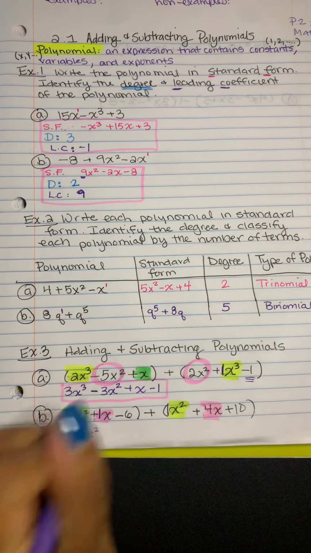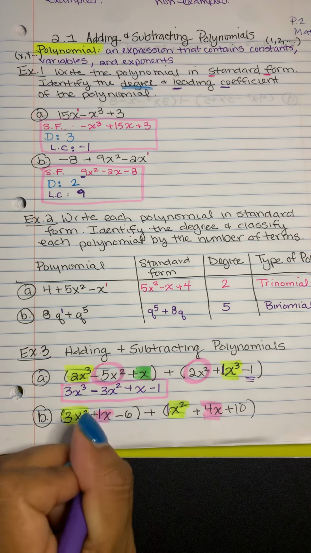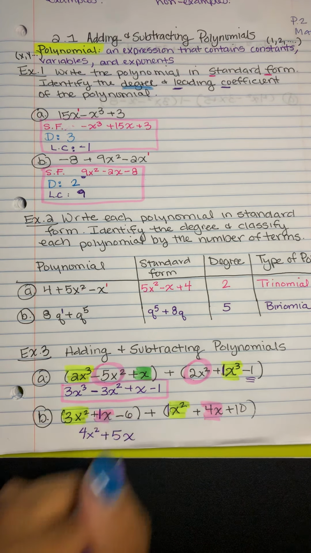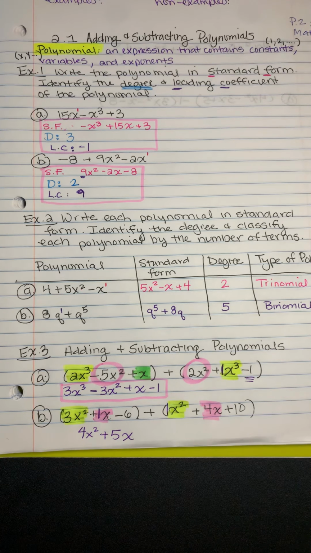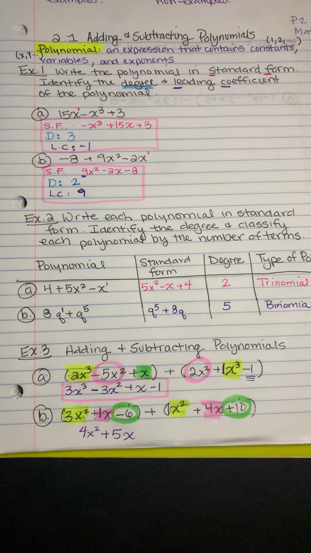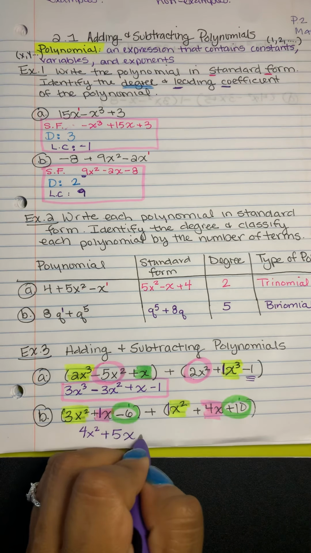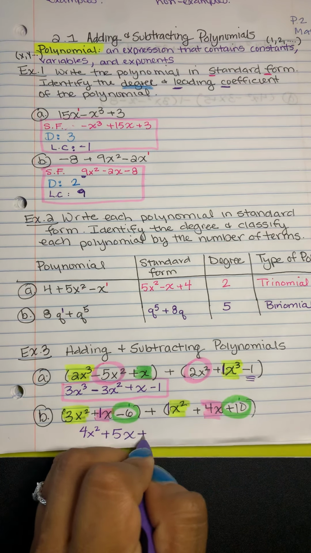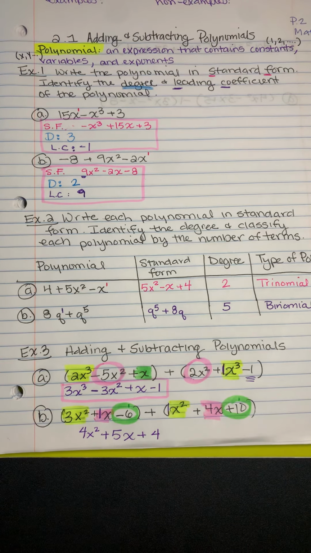Again, we have an imaginary 1 there. 4x plus 1x is 5x. And look at that, we have constants. Both of them are constants. Negative 6 and a positive 10. We are going to subtract, keep it positive. That will give me a positive 4. Final answer is 4x squared plus 5x plus 4.